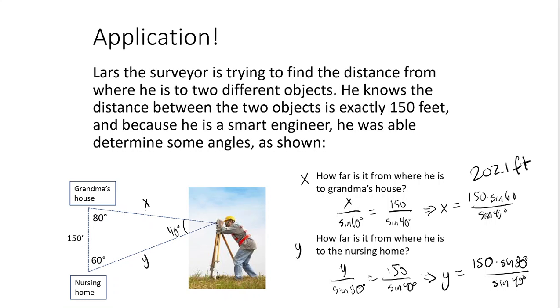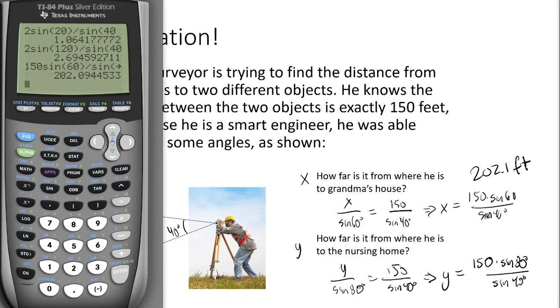Now, based on our discussion in the previous problem, did we expect the distance to the nursing home to be farther or shorter than the other distance of 202? We would expect it to be longer because the 80-degree angle is greater than the 60-degree angle. Let's see if that's true.